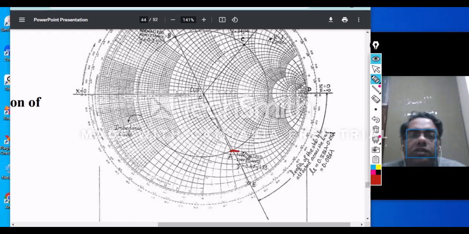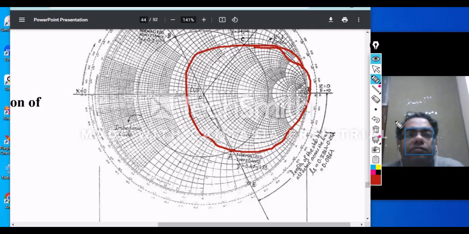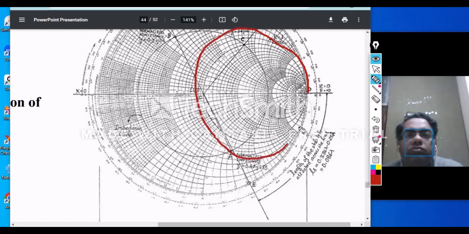So on this circle we will get it. So this circle is drawn, approximately, as a rough sketch.